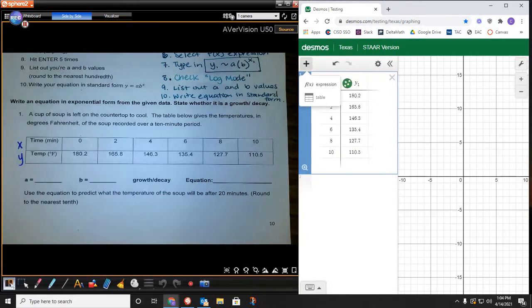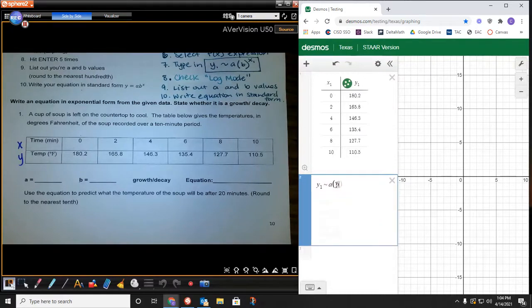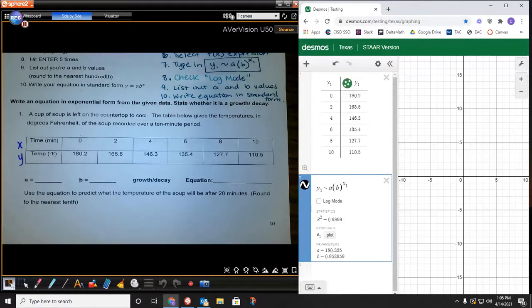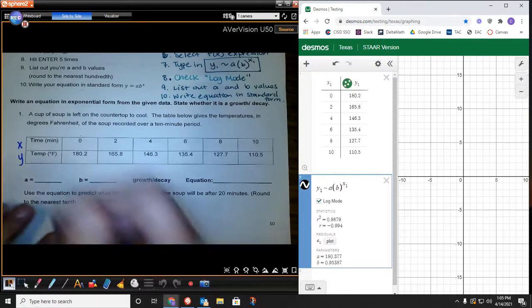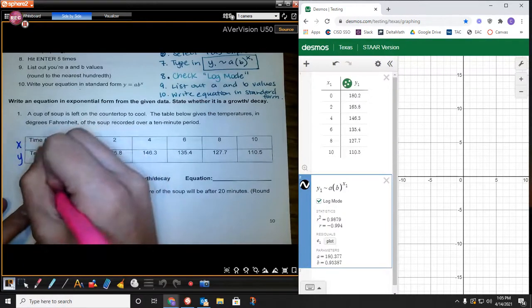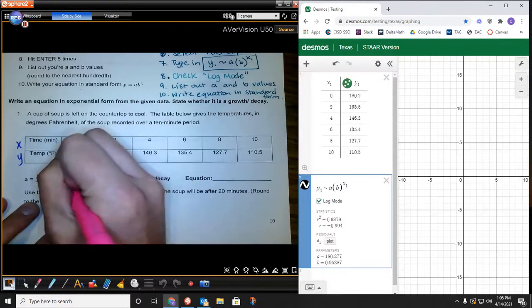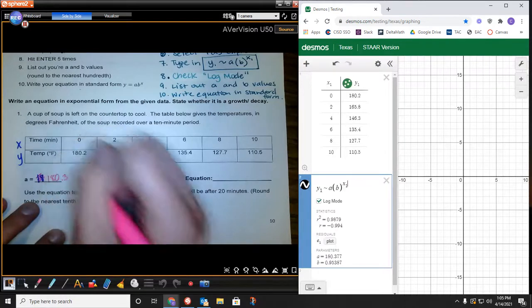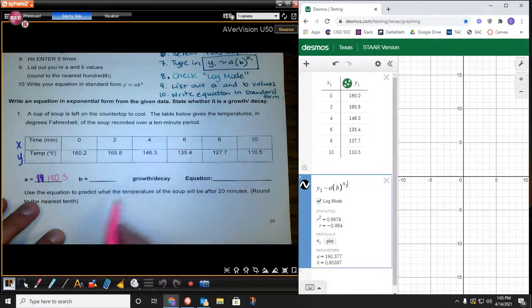Now I'm going to add an expression, and the expression I'm going to add is y1 tilde, and then a times b raised to the x1 power. Then I go ahead and check that log mode. That's very important. And we get our a value and our b value, all right? The a value here is 180.37, or if we want to round, what does it say?